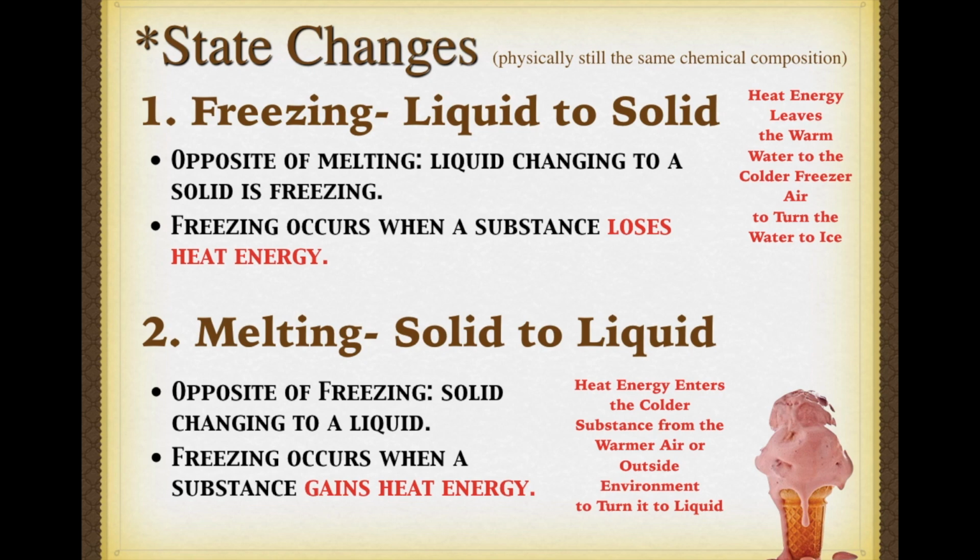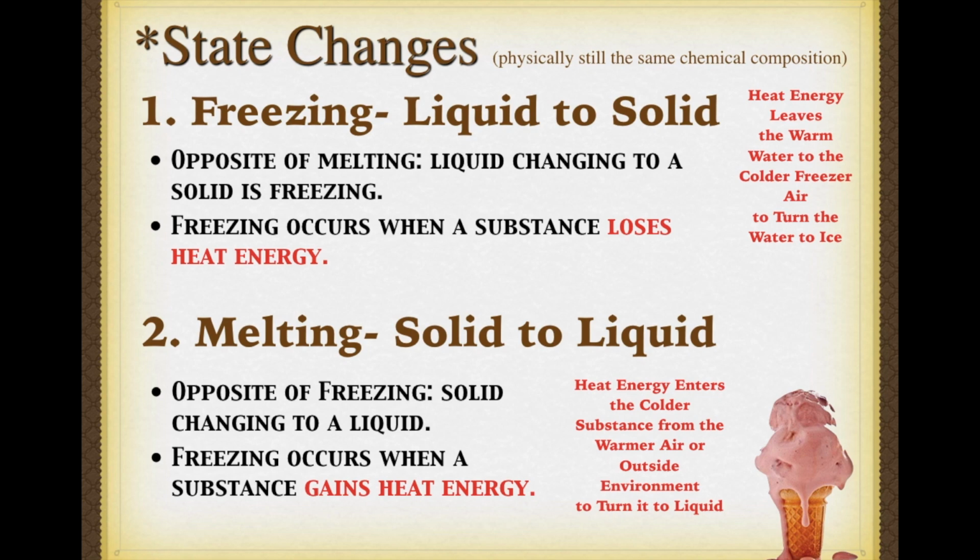State changes. You should know what freezing is, what melting is. Now, I will help you if you need some help on this, but you need to know with freezing, when we go liquid to solid, what am I doing? I'm taking away heat energy from that liquid. So if I have liquid water, I put it in the freezer. What's happening is the freezer is very, very cold. That liquid water is warmer than the freezer.